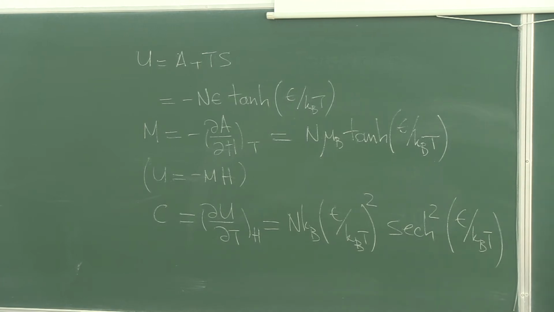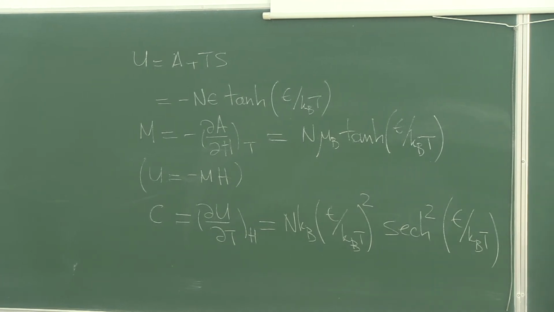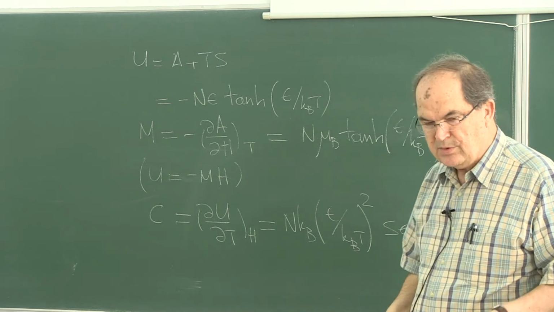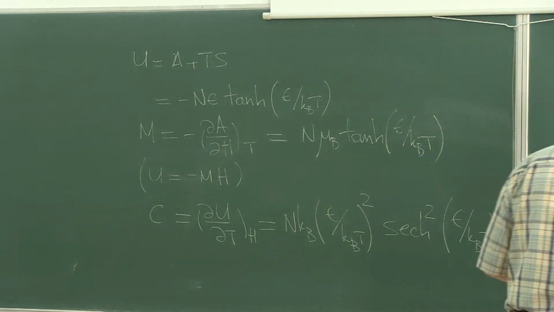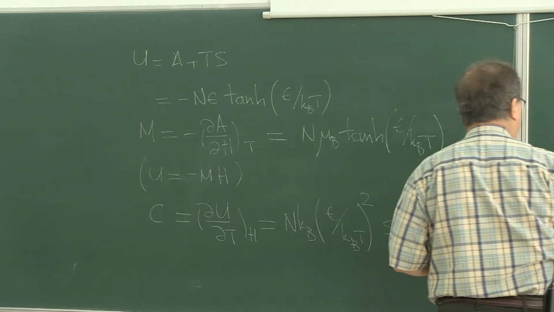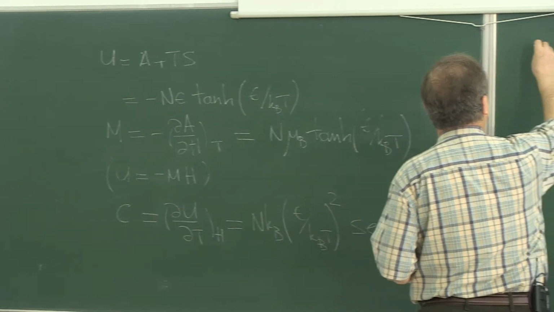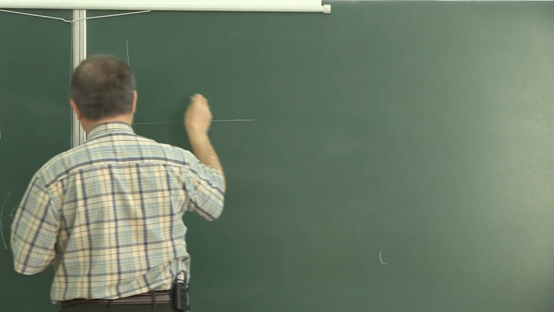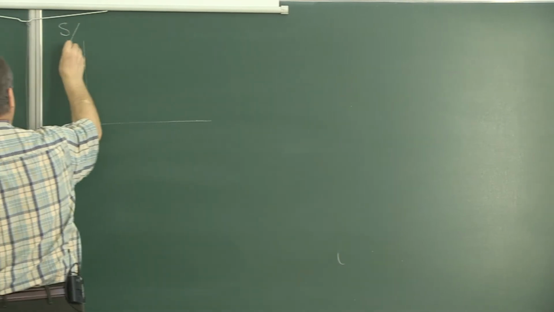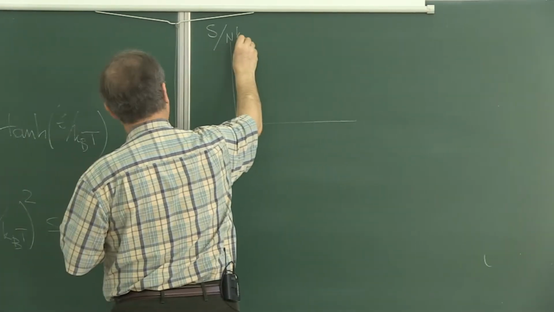But now, of course, these functions have physics in them, so we have to discover that. We can see everything by plotting the temperature dependence of different quantities. Here is the entropy in units of N kB.